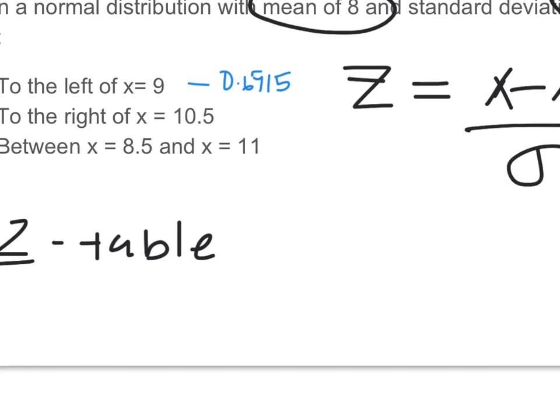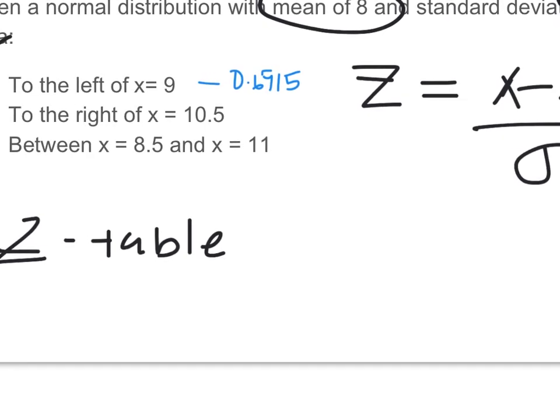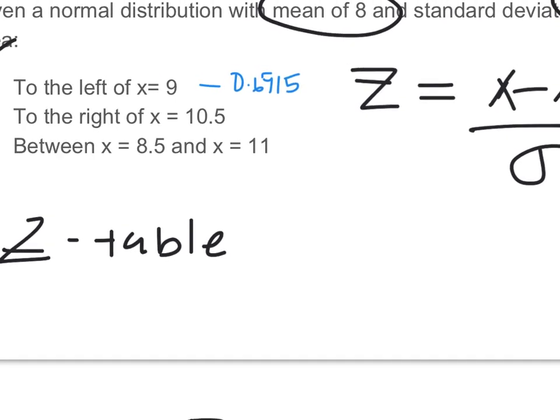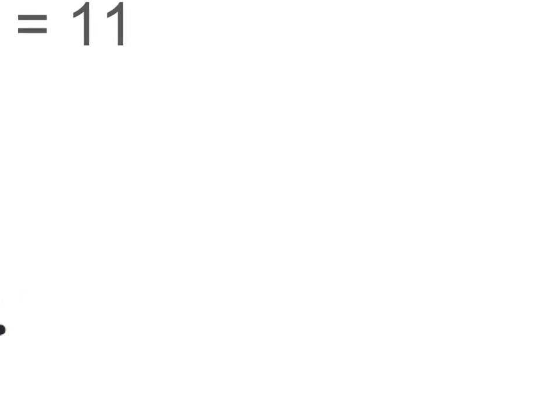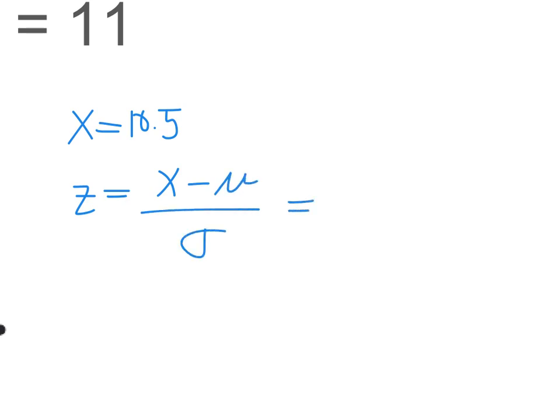Now let's locate the area to the right of x equals 10.5. What you always have to do is change the x into a z. If x is equal to 10.5, then its z value can be obtained by x minus mu over the standard deviation, sigma.